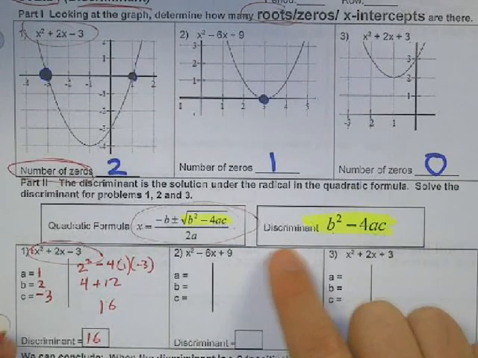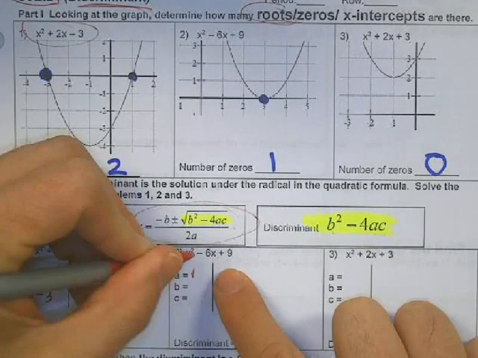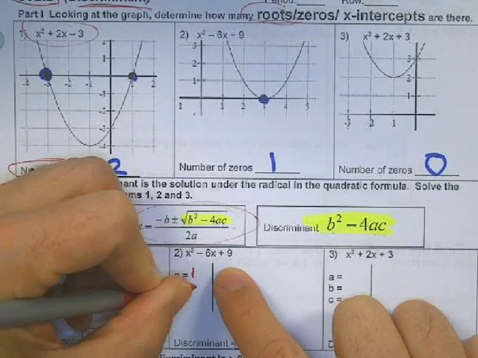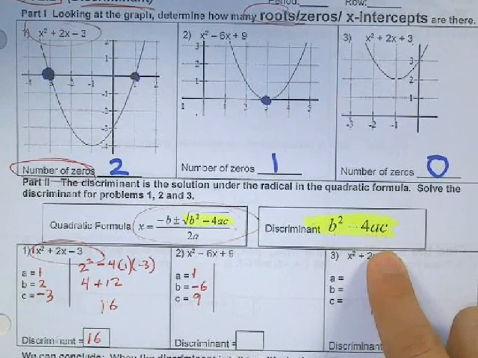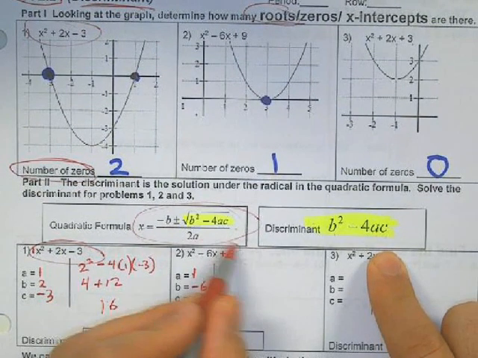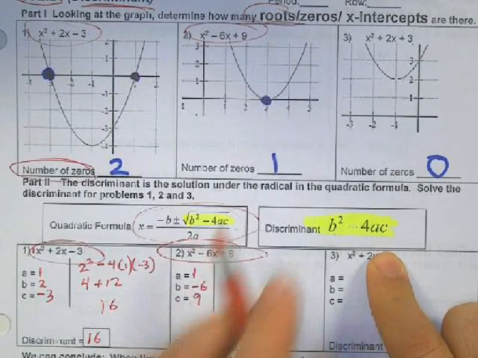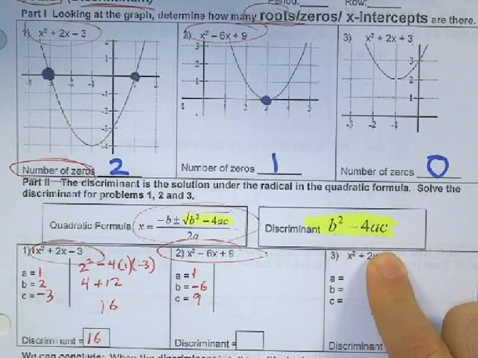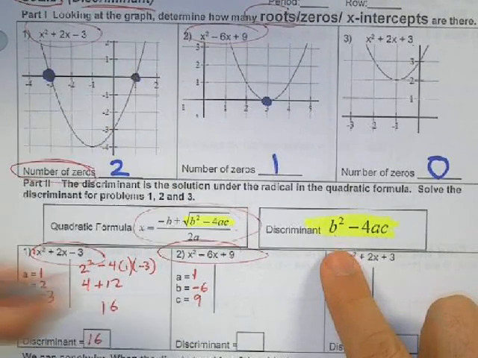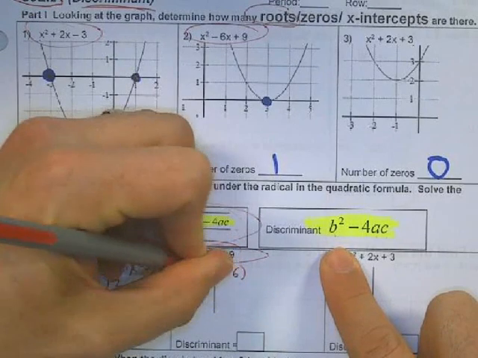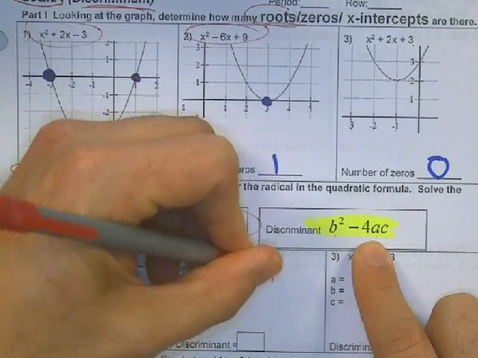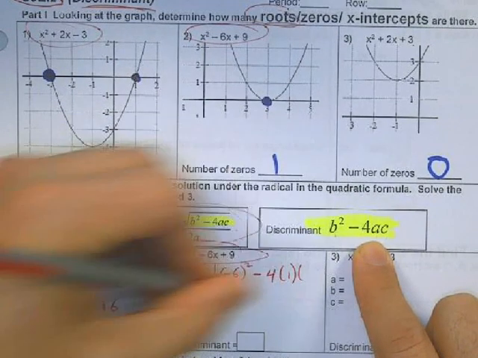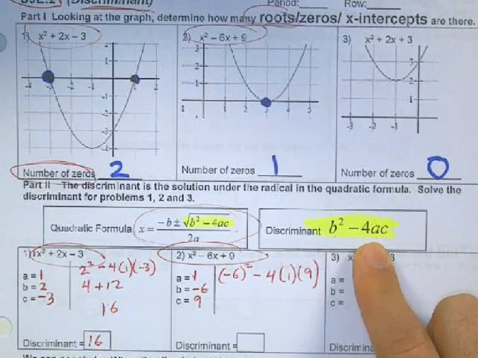Notice this equation matches this and draws this parabola. So I'm going to have negative 6 squared minus 4 times 1 times 9. Negative 6 squared is 36, and 4 times 9 is also 36, so my discriminant is 0.